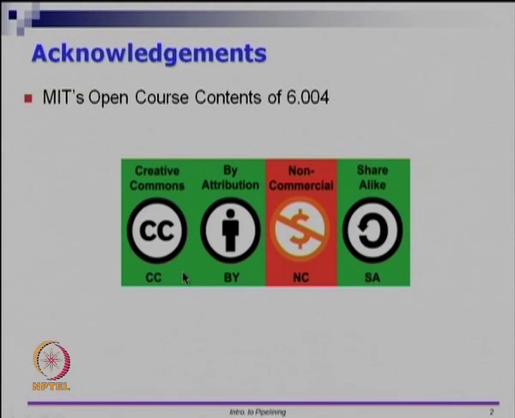It is under what is called a Creative Commons license. If I attribute it, and as long as I am not using it for commercial purposes, and whatever material I make, I share it with others, MIT's license allows me to do that. So, I am going to use some of the material from the computational structures course to teach this.